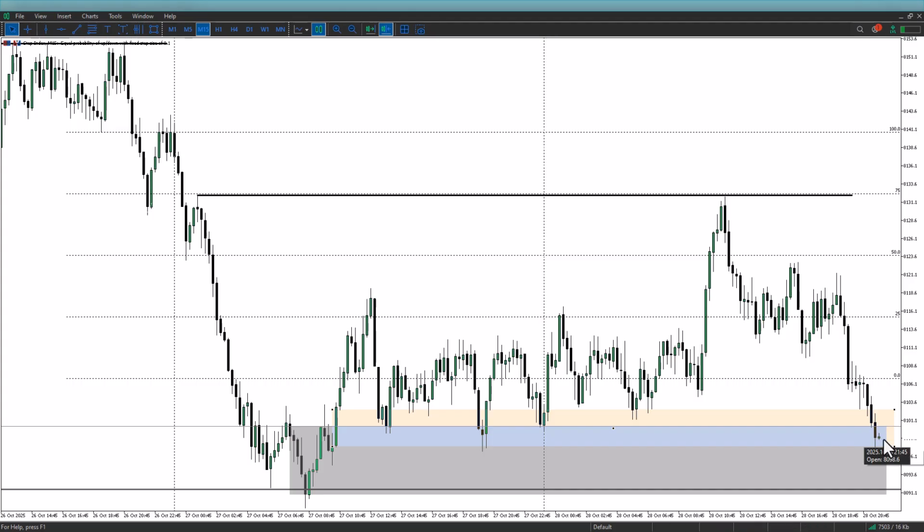If you have entered at the volume imbalance fair value gap, where is the draw on liquidity? Where is price trying to get to? Well, there is the 75% quadrant from our new week fair value gap. That is your algorithmic price signature tipping its hand, telling you that's where the buy side liquidity pool is.